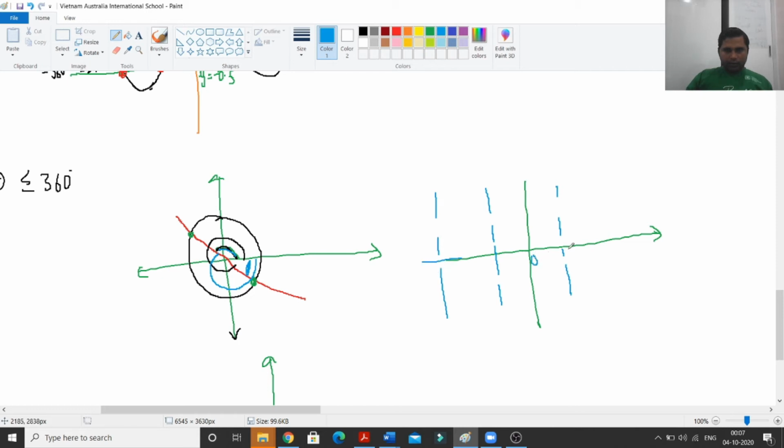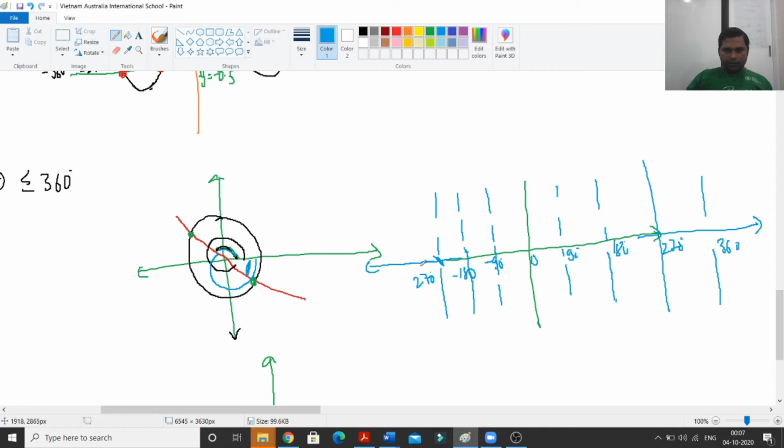So this is 0, this is 90, this is minus 90, this is 270, this is 180, minus 180, then 270 and 360. So this is minus 270 and this will be minus 360.